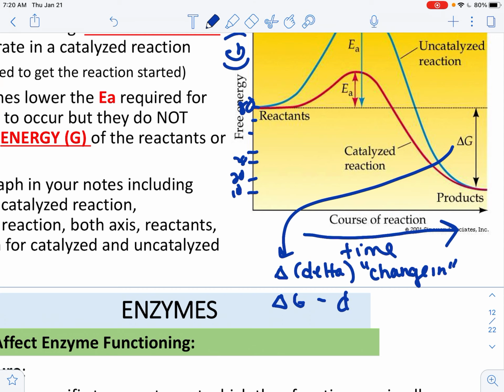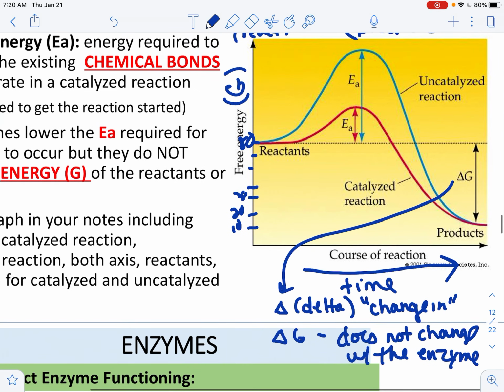And the delta G does not change with the enzyme. In other words, a reaction has a delta G, basically the difference between the reactants and the products. That's not going to change. The enzyme's not changing that. But you can see the difference between the red line and the blue line.